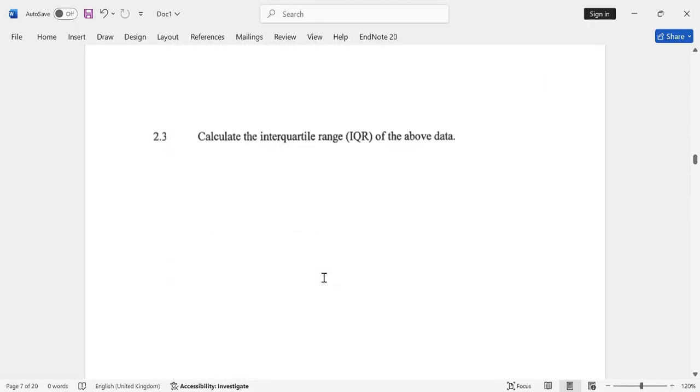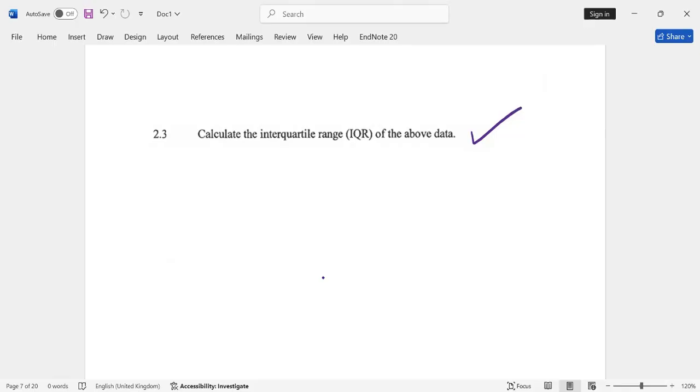So the next is 2.3. Calculate the interquartile range IQR of the above data. Okay, so we estimate the quartiles Q1 and Q3 for the Ogive.